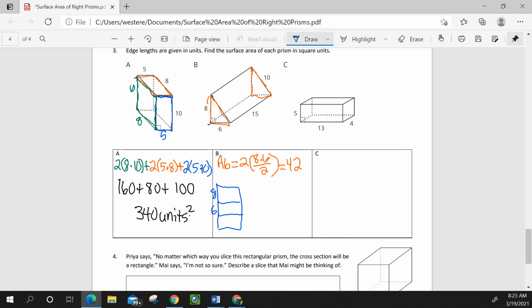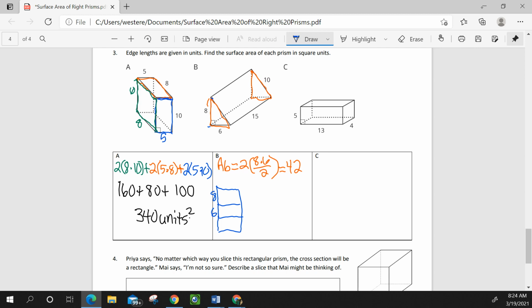And then if I look at the third rectangle, I have to go to the back of the prism to find out what that length is, and that's 10. These will all be multiplied by 15. So I have 8 times 15, I have 6 times 15, and I have 10 times 15. I have to add those together.